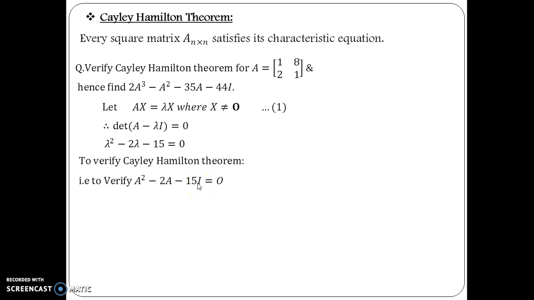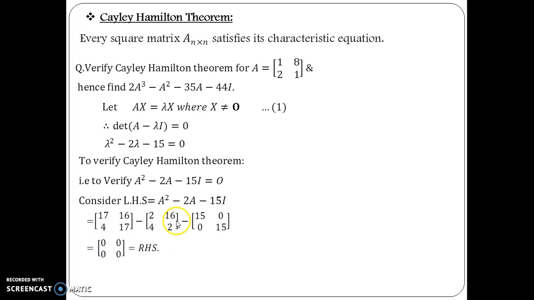So when we verify, there is always an LHS and there is an RHS. In our LHS over here, we have this equation A square minus 2A minus 15I. Now further, when you substitute the values of A square, 2A and 15I and solve that further, you will obtain the 0 matrix, that is your RHS.